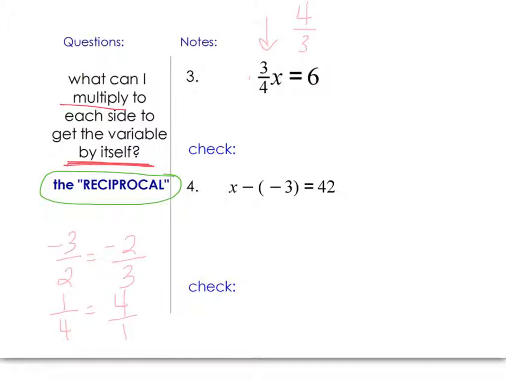So I can multiply both sides by 4 over 3. Those 4's cancel. Those 3's cancel. Is x all alone? Yep. Well, I got 6 times 4 over 3. We could put 6 over 1. When I multiply fractions, I multiply straight across.